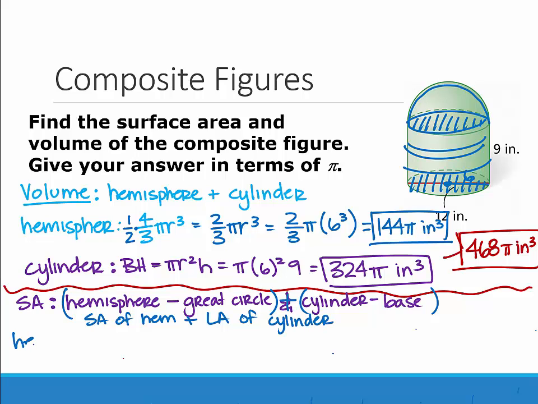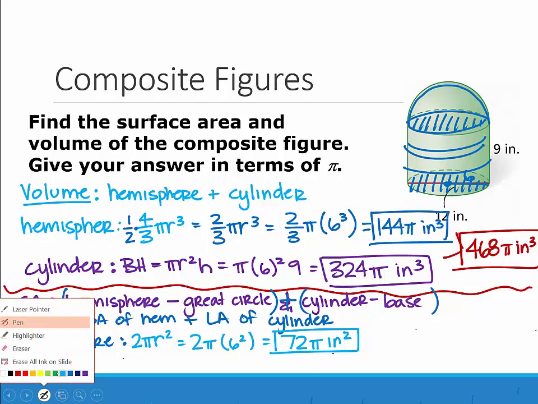For my hemisphere, remember that the surface area for a sphere is 4 pi r squared. Because I want a hemisphere, it's only 2 pi r squared. So plug in what we know. We know the radius is 6. So we have 36 times 2, which is 72 pi inches squared.